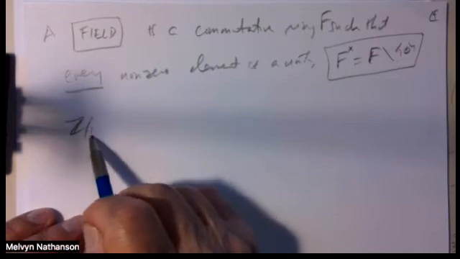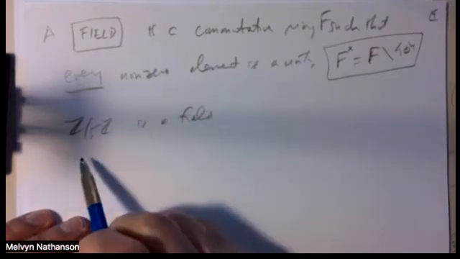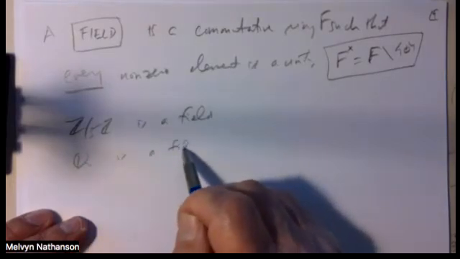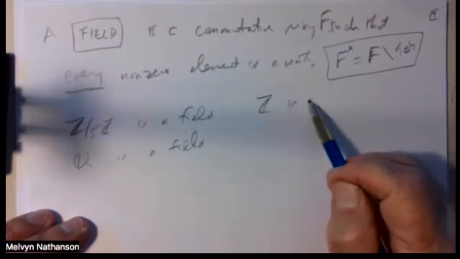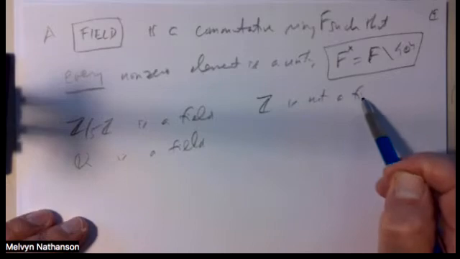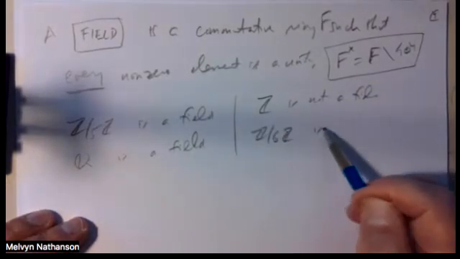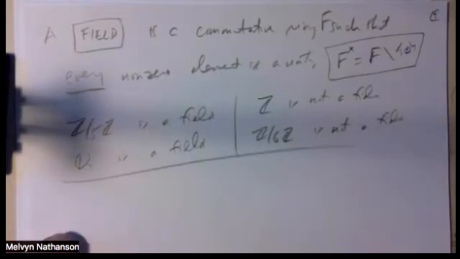So Z mod 5Z is a field. The rational numbers is a field. The integers themselves is not a field. Z mod 6Z is not a field.